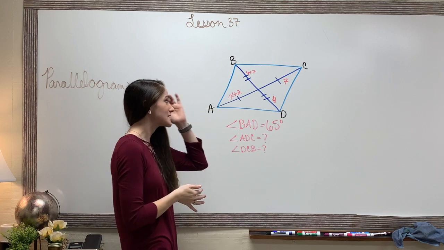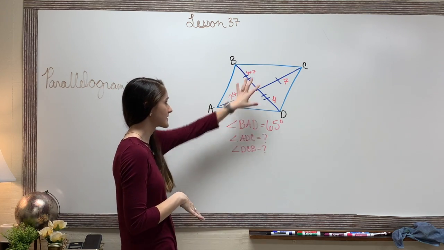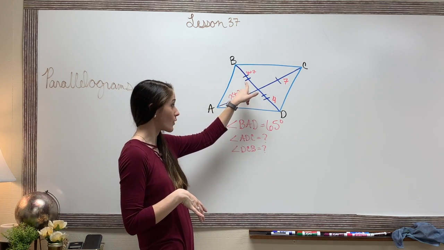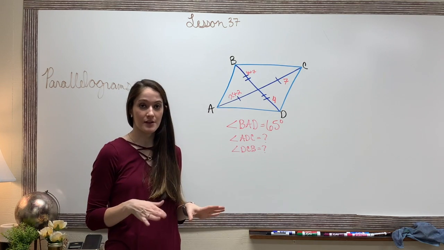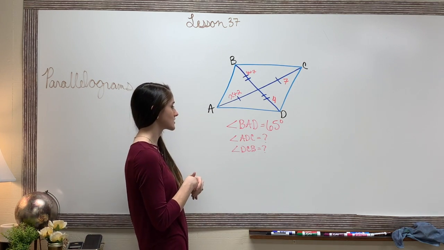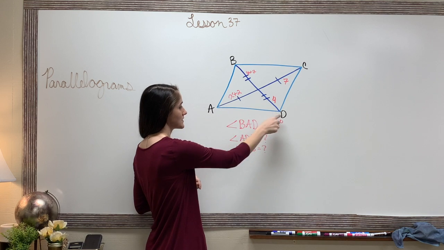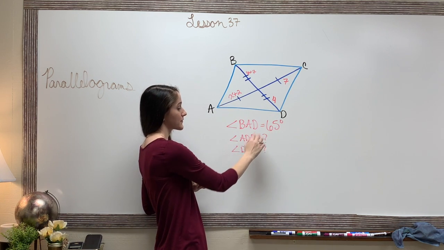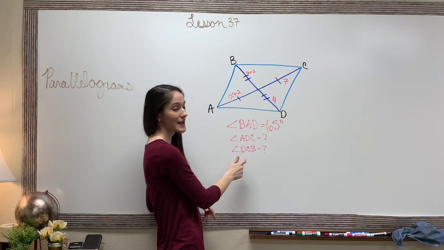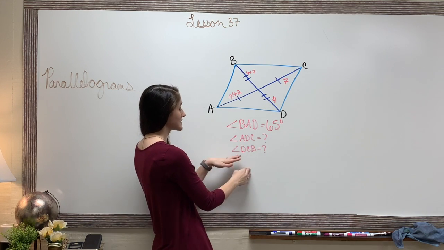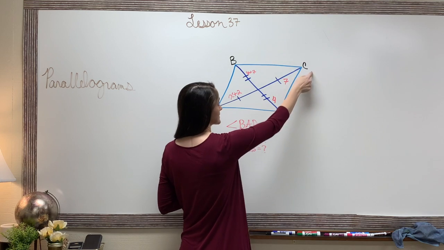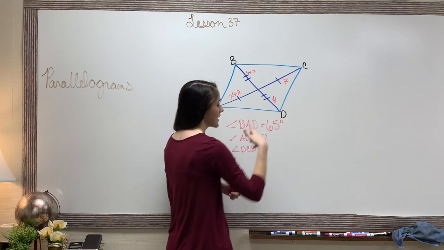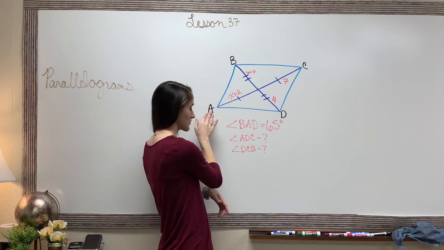Okay, so in this first example, there's a couple of things going on. They want us to find the measures of X and Y inside, but they also, in the detail part of this question, they tell us that angle BAD, so this angle right here, this whole thing, is 65 degrees. So they want us to find the measures of ADC and DCB. Well, what I can see is angle DCB, this one, is the opposite of this one that we just talked about.